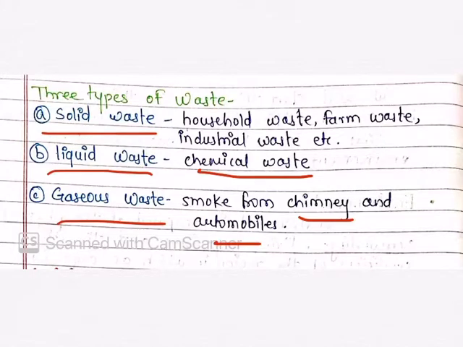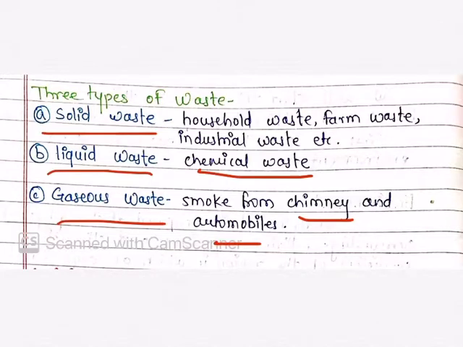Farm waste means dried leaves and wasted grains, they are considered as farm waste. Then industrial waste is any waste material which is created after processing in the industries. Chemical waste also comes from the industries after processing.